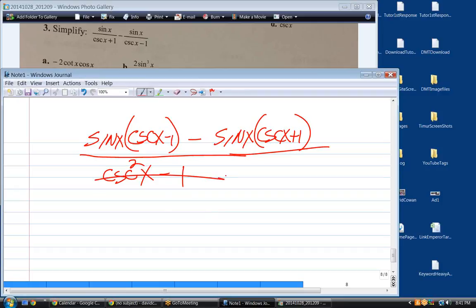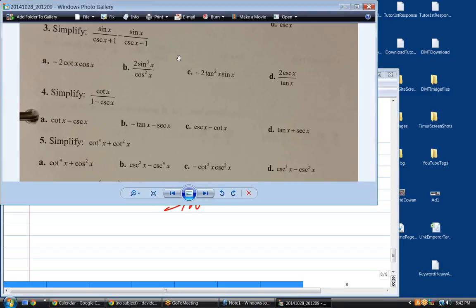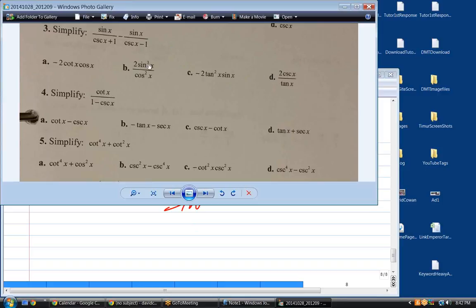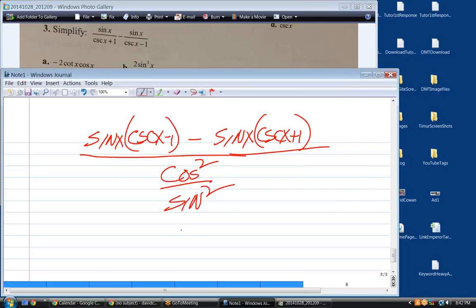Let's see, if I replace that with cotangent squared of x, am I making any progress? A little bit. I can replace cotangent squared of x with cosine squared over sine squared. Now it's just getting uglier. No, it isn't getting uglier. Or is it? I see this 2 sine cubed x.